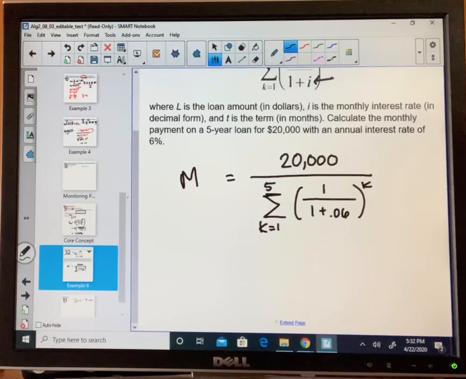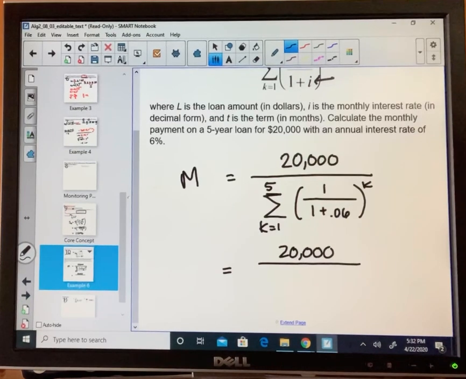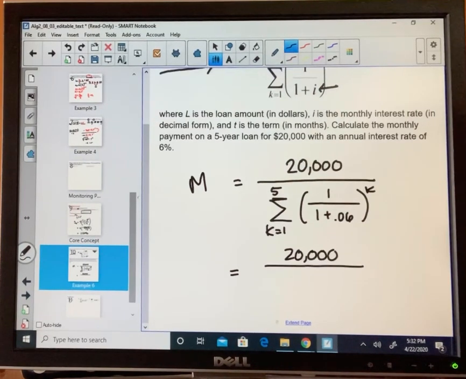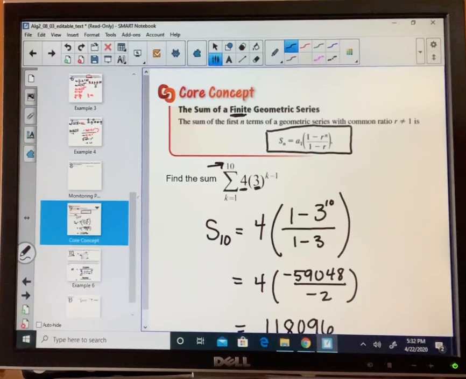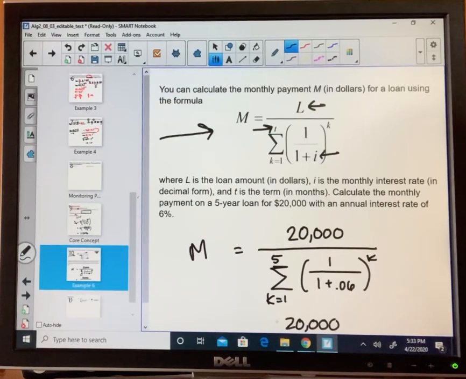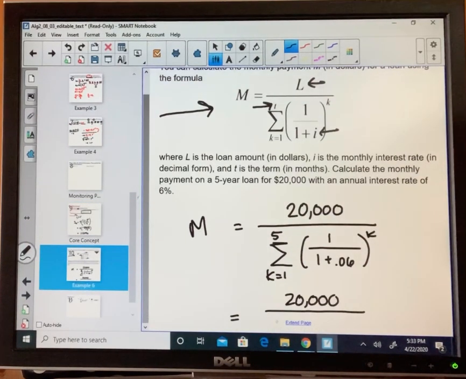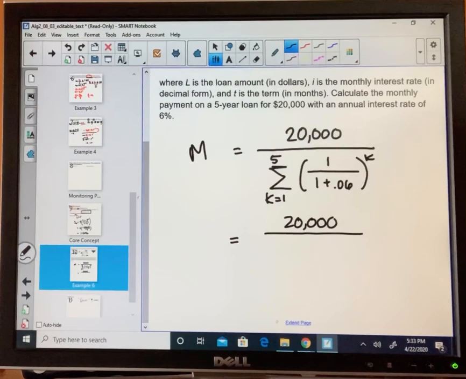So, first thing I want to do is solve the bottom. This 20 grand is going to stay up here. Say, okay, well, from my equation last time, I know that A1 is the first thing that I've got to find out. So if I plug in 1 for this exponent for k, what do I get?